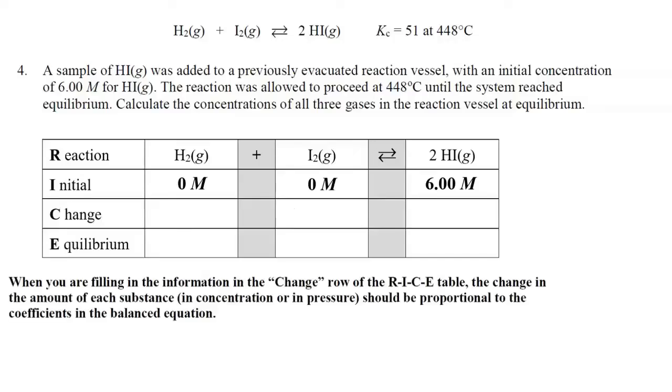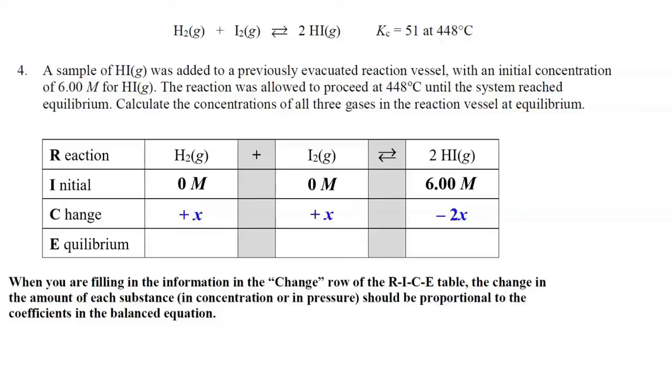So remember that the change row of the rice table must be proportional to the coefficients, and the coefficients from left to right are 1, 1, and 2. And we know that hydrogen is going to increase, so it's going to be plus X. Iodine is also going to increase, so plus X. Hydrogen iodide is going to decrease, so minus 2X.